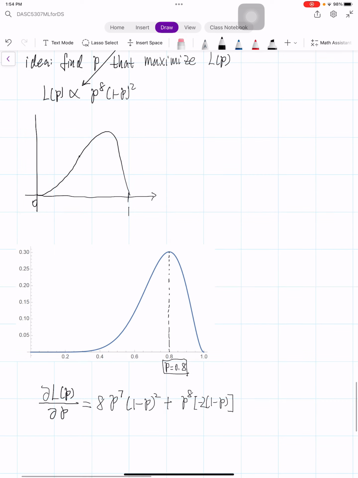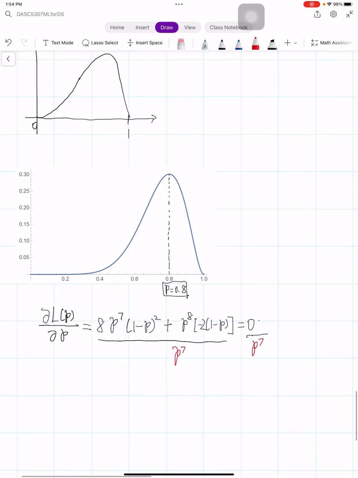So we set this equal to 0, and then we divide both sides by p to the power 7. So this equal to 0 is equivalent to, say, (1 minus p) to the power 8, and we can also multiply by 1 minus p on both sides. 0 divided by everything is 0, right?